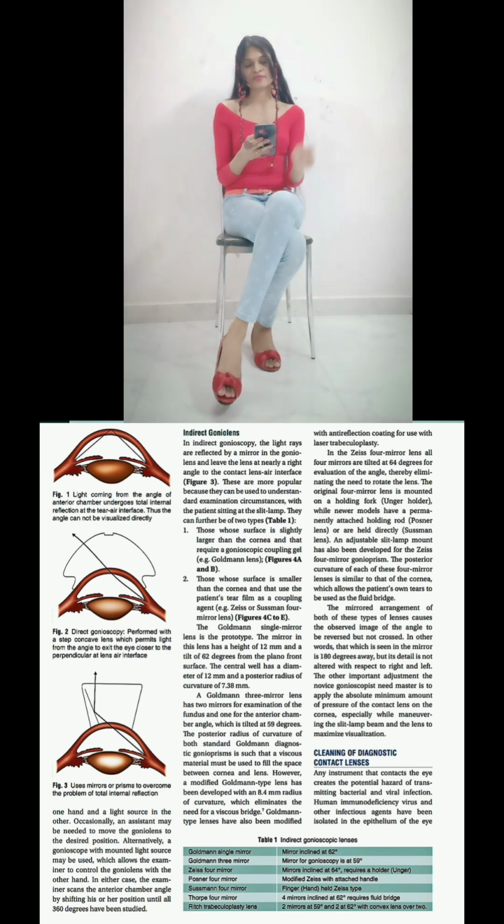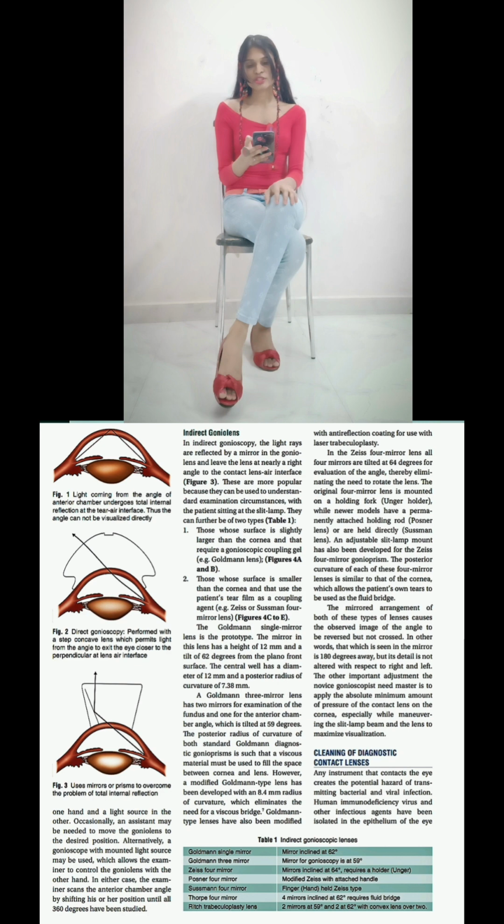It means it is upside down, but the sides are not different. Superior is seen as inferior; nasal and temporal are not swapped. Suppose we are looking at the superior mirror, then it is the inferior angle that is reflected in the superior mirror. So that is how it is.